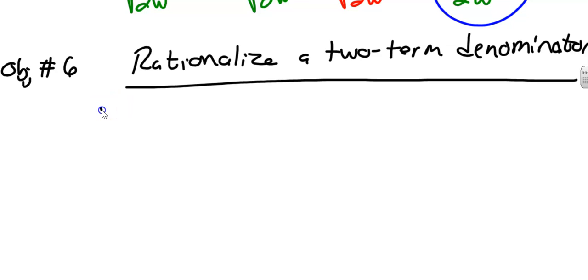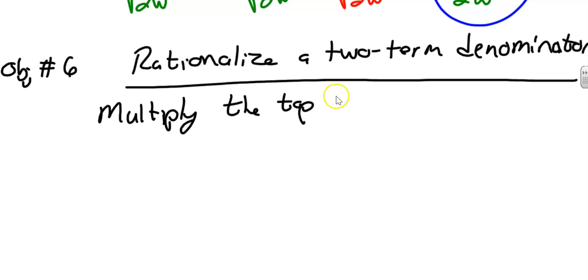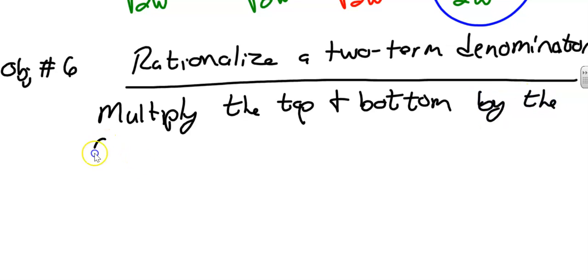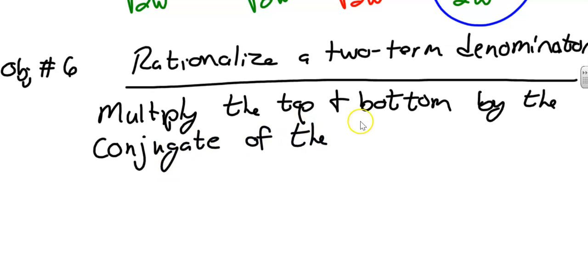What you have to do is multiply the top and the bottom. Now, because it's a 2-term denominator, it's going to be a little different. It's not the exact same denominator, but you're going to multiply the top and bottom by the conjugate of the denominator.